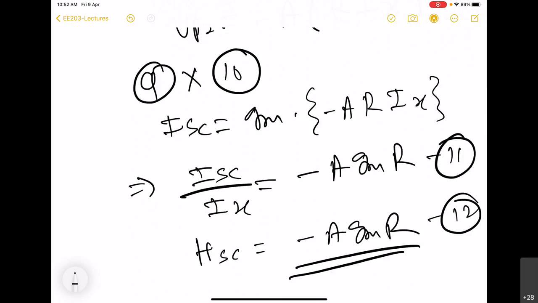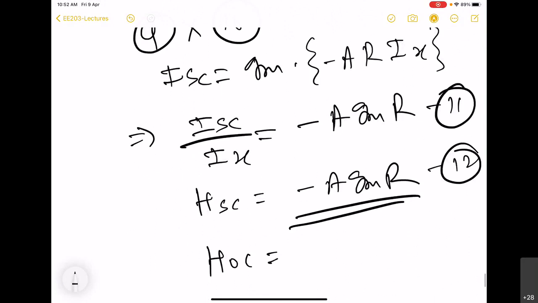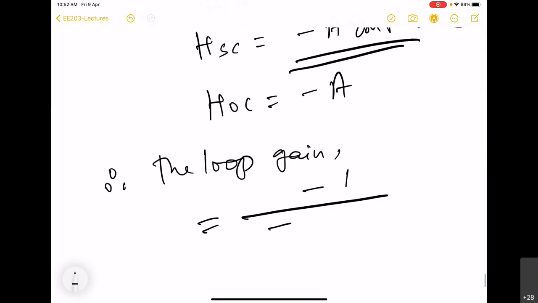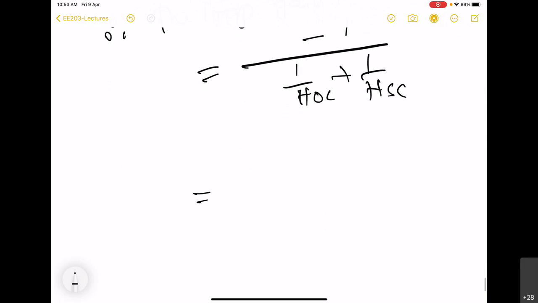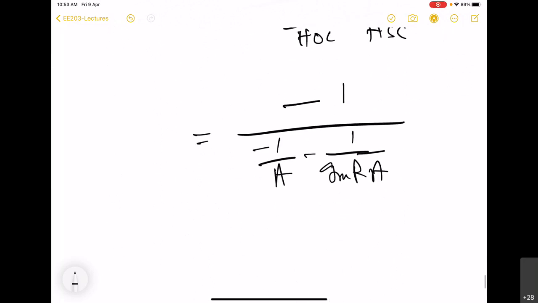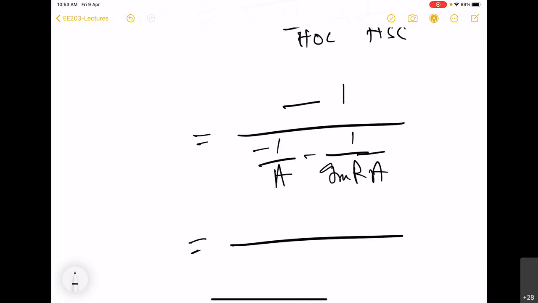So we have found out the short circuit transfer function, and the open circuit transfer function we had already found out, which was minus A. So therefore the loop gain is equal to minus 1 by 1 by HOC plus 1 by HSC.